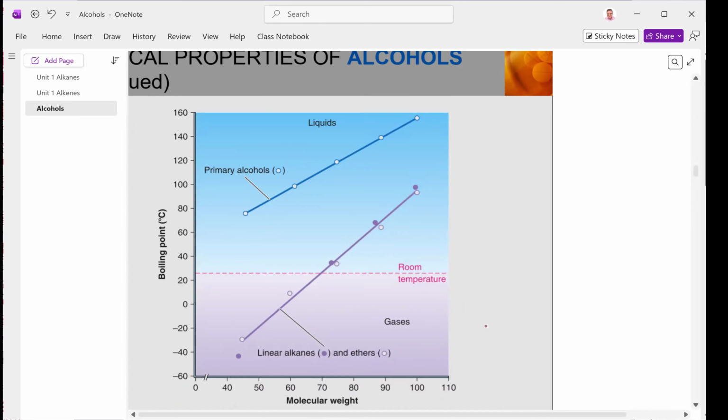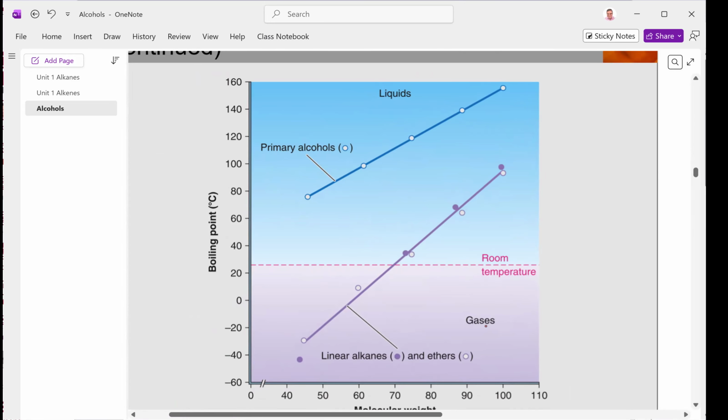And we're going to continually see this graph. This graph represents IMF. This is an IMF graph. The stronger the IMF, the higher the melting point, higher boiling point, and higher surface tension.